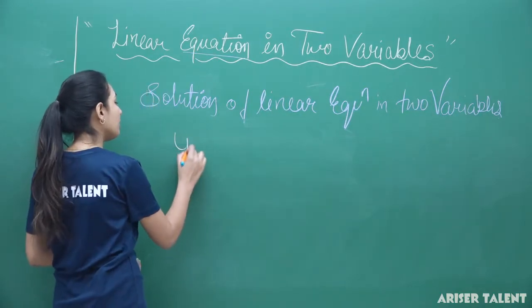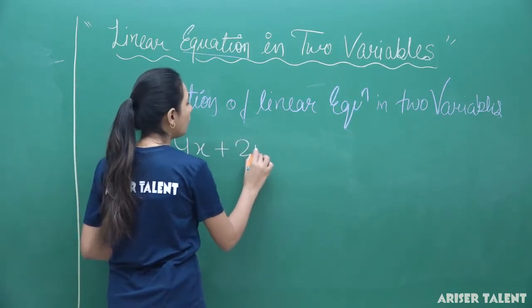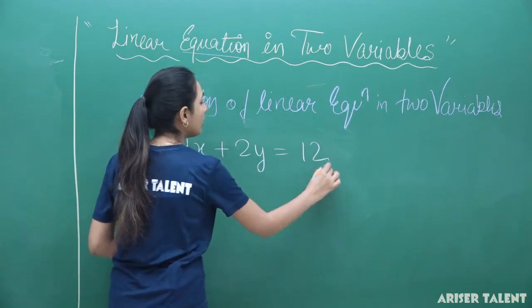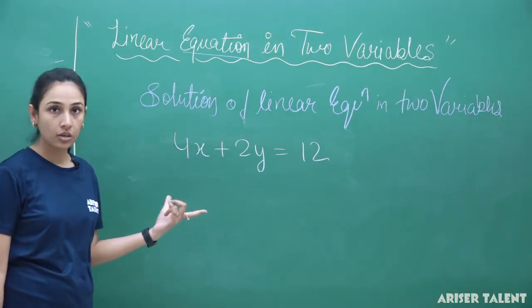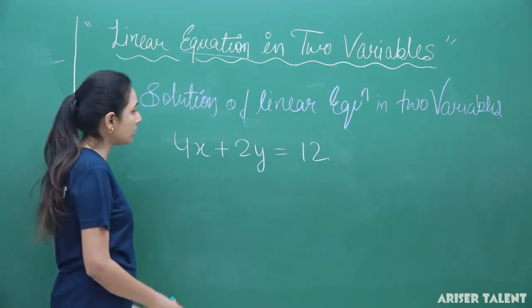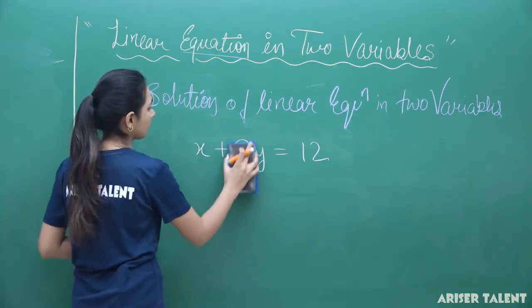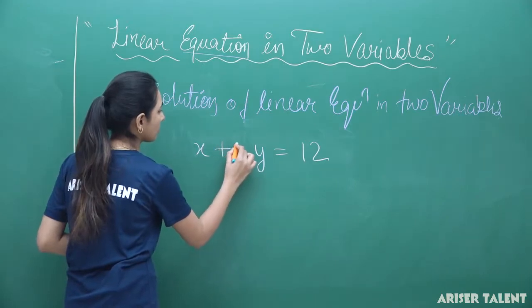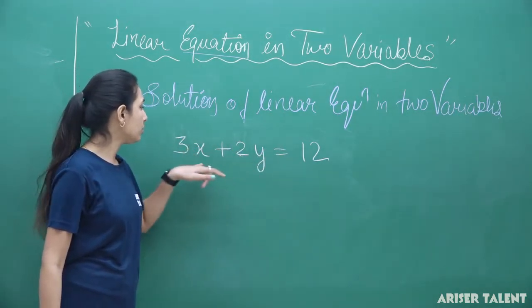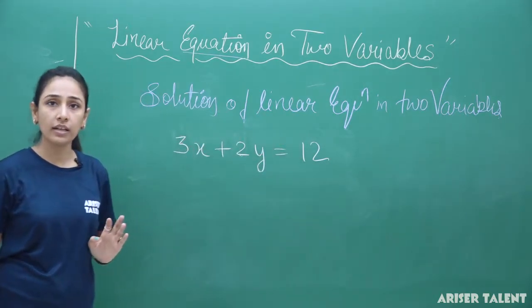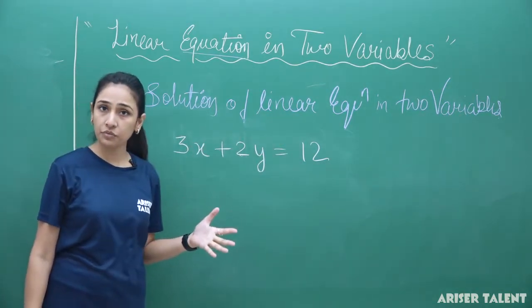Likewise, what if I am having this 4x plus 2y equals to 12? Now this is something I have as my equation. Or let's suppose 2x plus 3y equals to 12. This is a particular given equation for you guys.